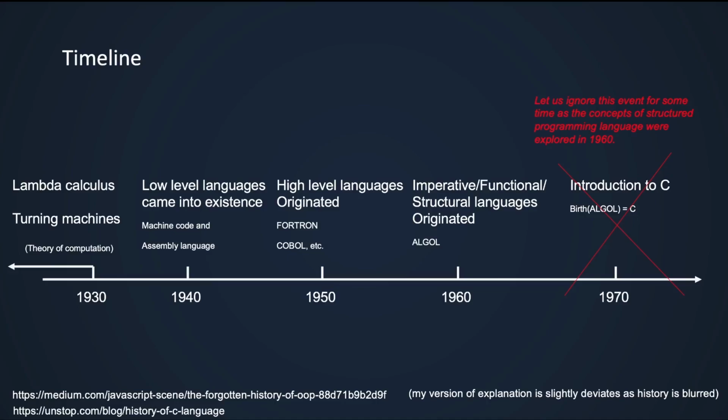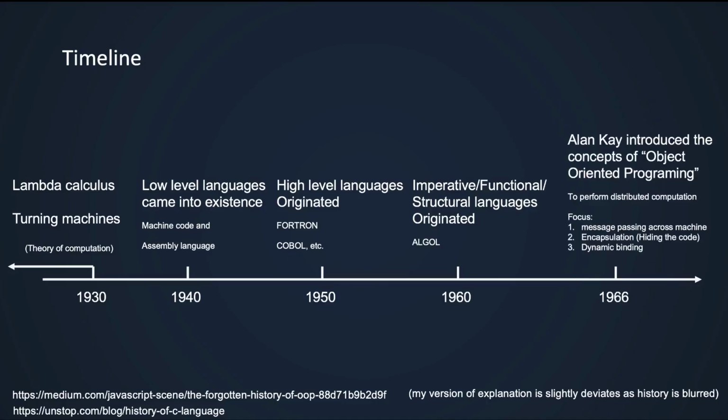When people were developing C, what was happening in parallel is that in 1966, Alan Kay first came up with the concept called object oriented programming. He came up with this concept because he wanted to perform computation in a distributed environment.